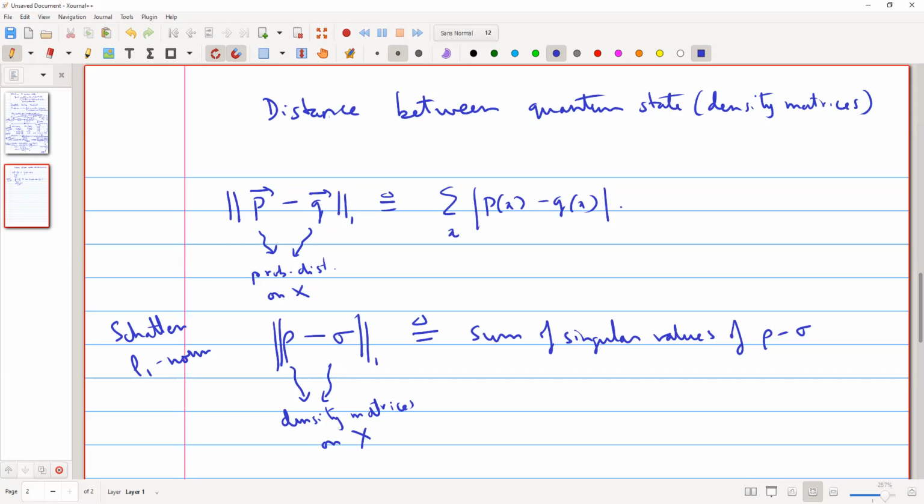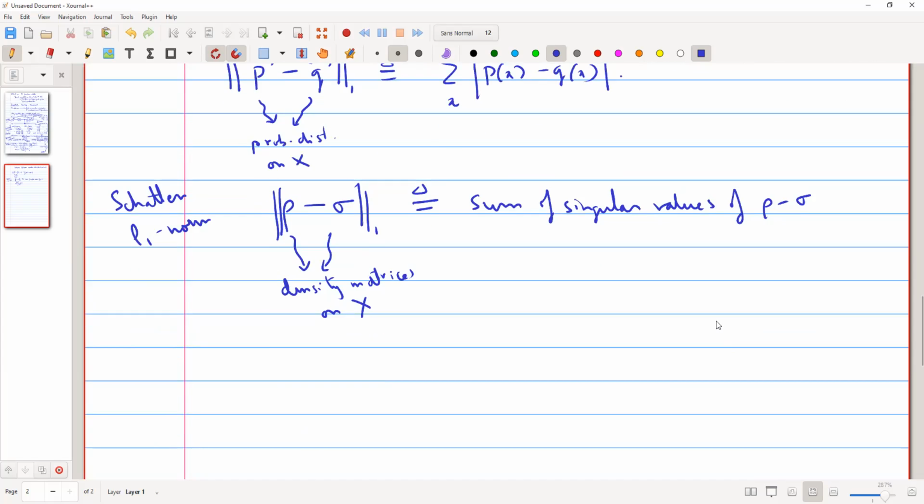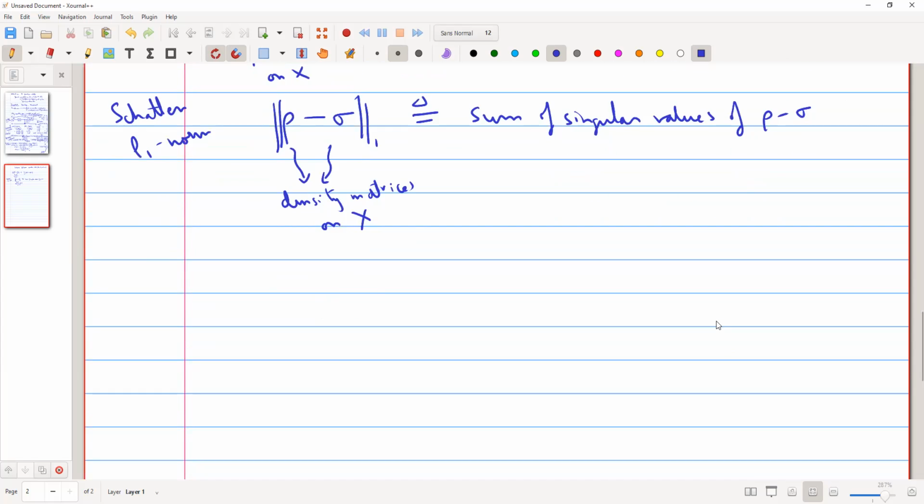So is the definition clear to everybody? Everybody knows singular values. Okay, good. But it's not clear that this is a norm of the matrix. There's another name that we use a lot in the quantum computing literature for this norm. It is also called the trace norm, and you'll see very soon why the word trace comes about.